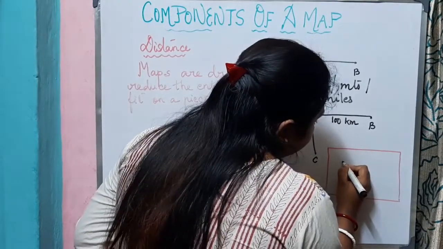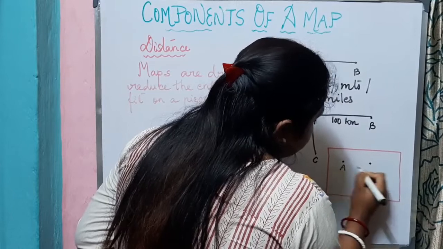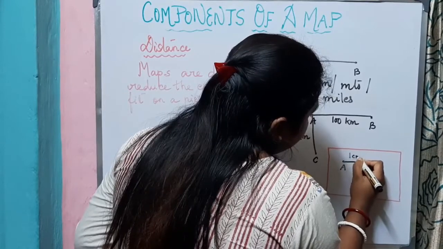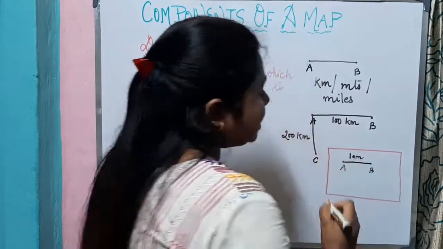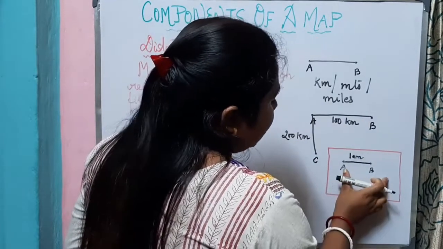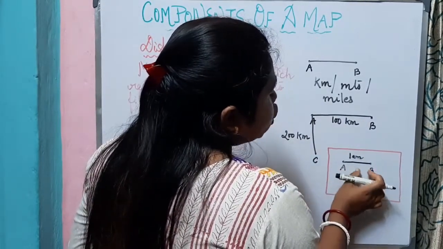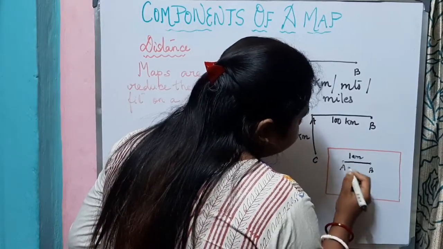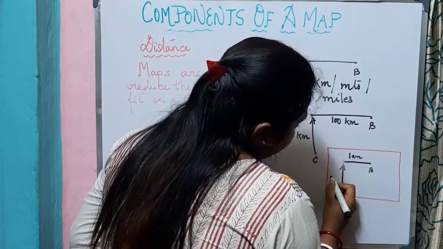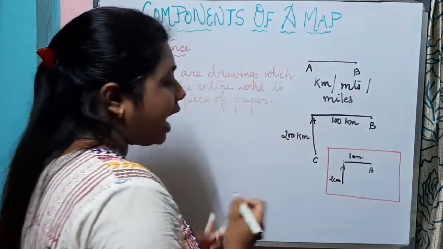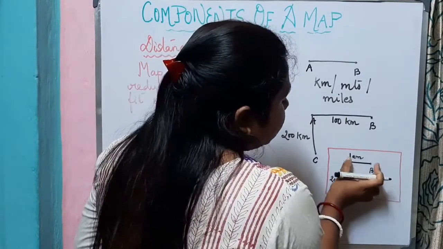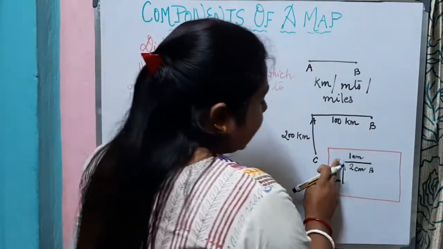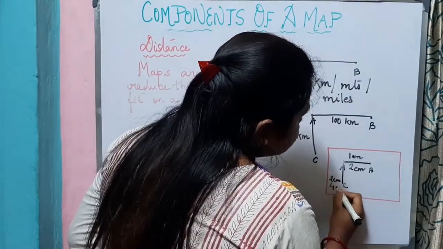On the map, the gap between A and B will be shown with 1 centimeter. That means the distance from A to B is shown with the help of 1 centimeter. Then the distance between A and C will be 2 centimeters. Or I can show the gap between A and B as 2 centimeters, then the gap between A and C will be 4 centimeters.